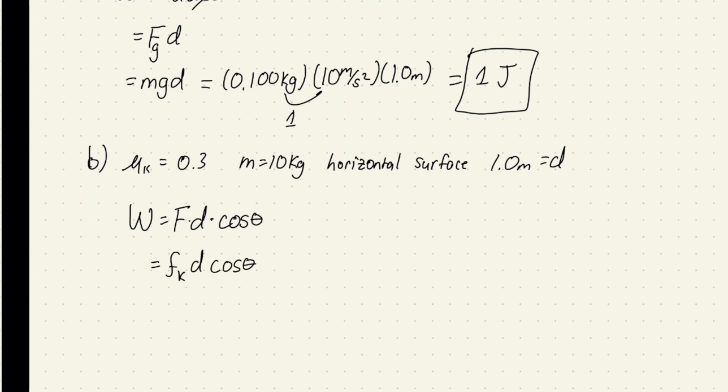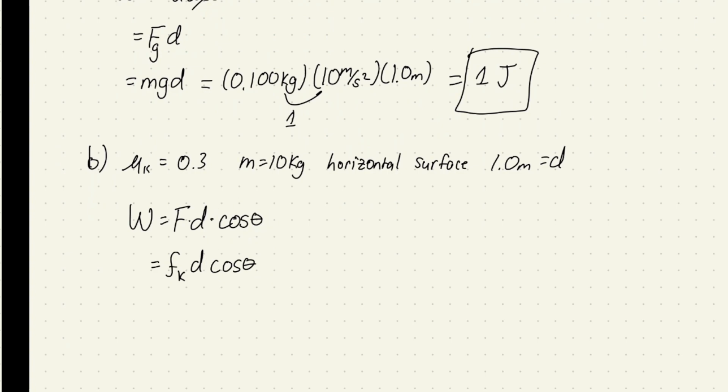Now we should be careful about this because when we talk about forces and displacements, they always had a direction, and so the negative sign mattered. Here, when we talk about work, we're talking about a scalar, and so the direction does not matter. I know that work can be negative sometimes, but that negative sign will always come from your angle, from cosine theta. But it will never come from your force, and it will never come from your displacement.